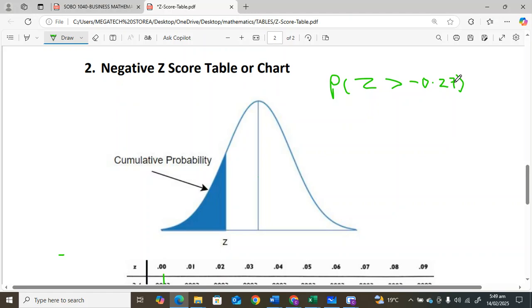Yes, colleagues, how do we get our probability? So this Z here at the bottom, think of it as negative 0.27. The area in blue represents less than negative 0.27. The area in white represents greater than negative 0.27.